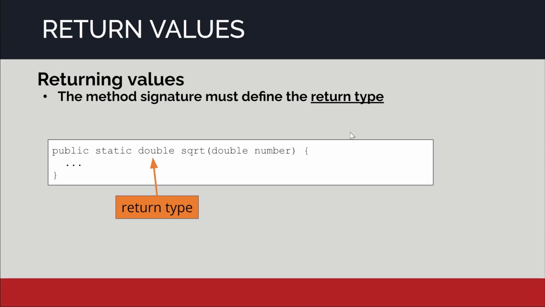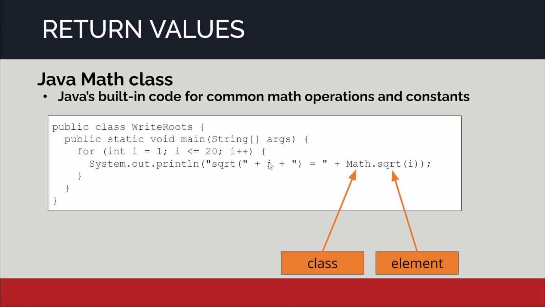So even before we've written this method, we know that our return type is going to be a double. We also know that if we want to take the square root of a number, we should allow the user to pass in that number as a parameter, and that number should be a double. We can take the square roots of decimals. Java has a built-in math class.